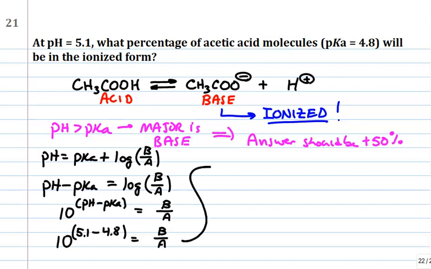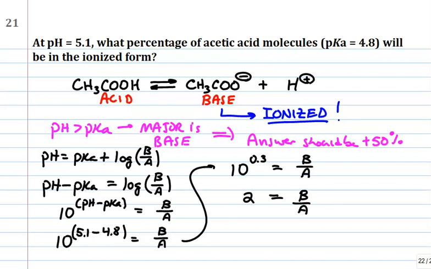So let's go back up here. It looks like we've got 10 raised to the 0.3 equals B over A. If you take 10 raised to the 0.3, this is going to be 2 equals B over A.